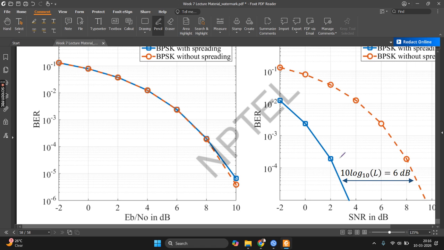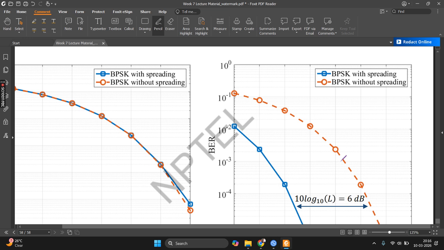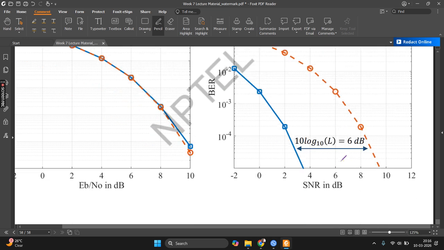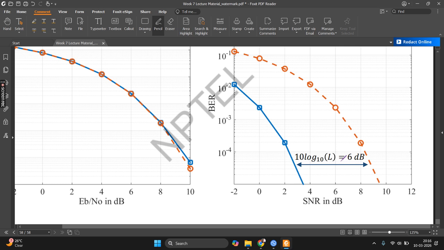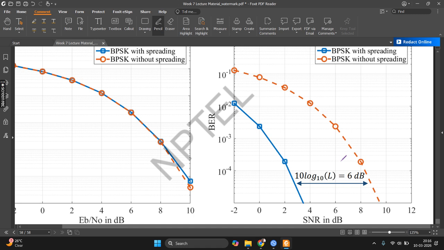Okay, bit energy. But if you are doing it at the SNR level, then your BPSK without spreading will have much higher BER at the same SNR. Once you are spreading, this same SNR is distributed over a larger bandwidth.